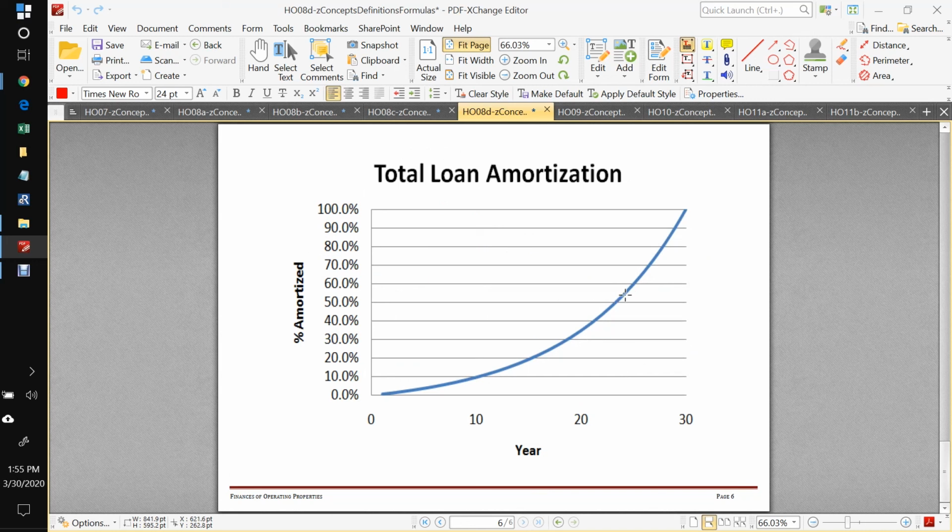We don't even get to 50% until about year 25. So the lenders set things up that way on purpose. So if you flame out somewhere around here, they still have an awful lot of equity in this project. Okay, so that's it for 8D.